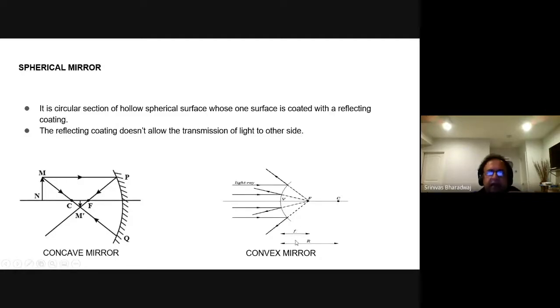Now, OC, which is the radius of the mirror, is denoted by capital R. And so typically the ratio will equal V divided by U. Now, what is V and what is U?